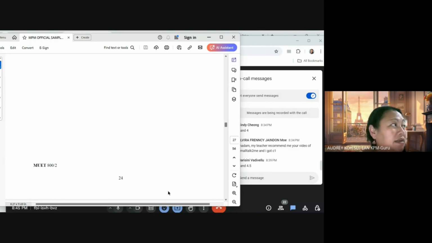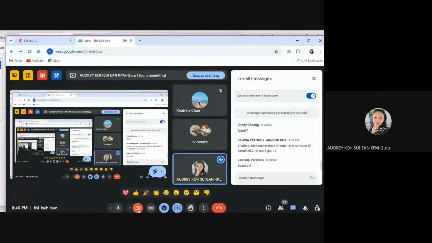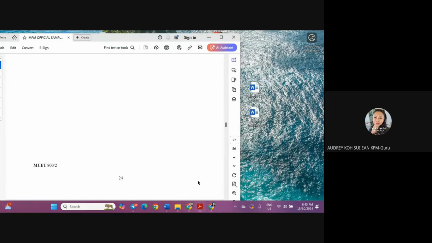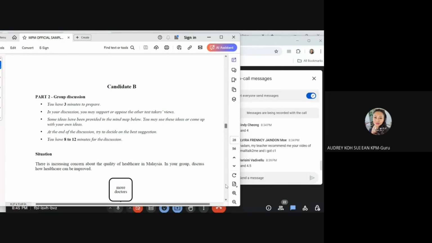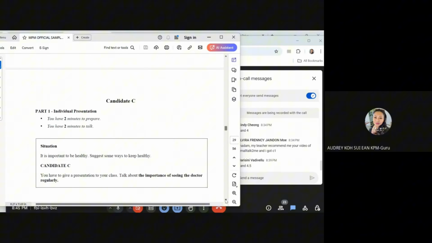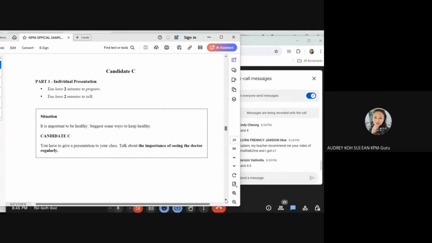The next one is, can you guess? The next one is the importance of seeing the doctor regularly. Now, most of the students would have a very hard time talking 2 minutes about seeing the doctor regularly, because the tradition in Malaysia is that you only see the doctor when you're going to die.